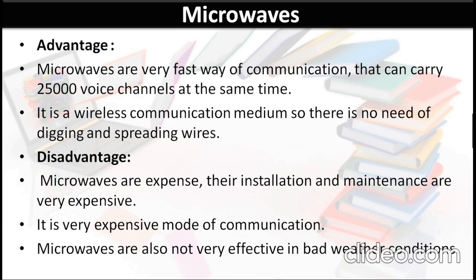These are very expensive, and installation and maintenance is also difficult, hence it is very expensive. Microwave is also not very effective in bad weather conditions. So this is also a disadvantage of the microwave.